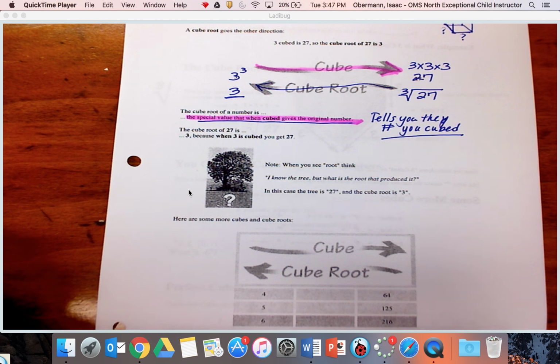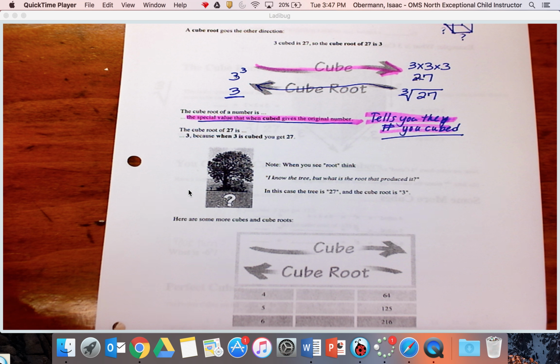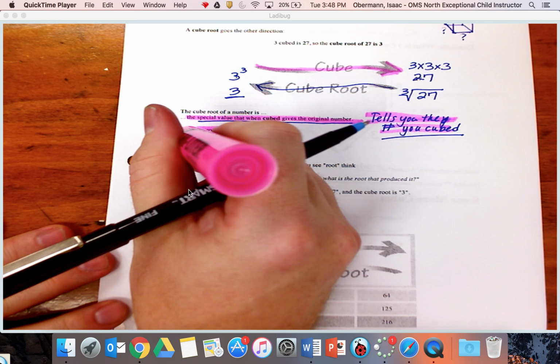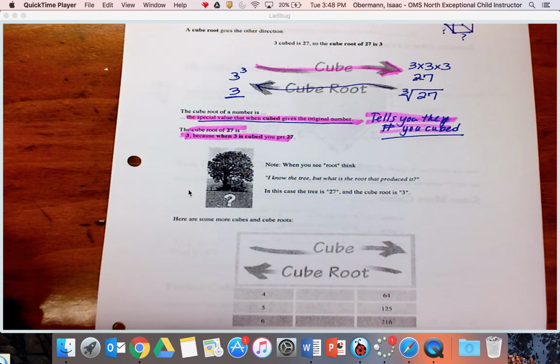So when I take the cube root of any number, it tells me the number that I cubed, or what I multiplied by itself 3 times. So here's an example. The cube root of 27 is 3, because when I cube 3, I get 27.